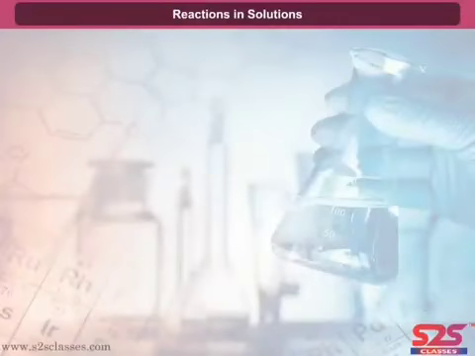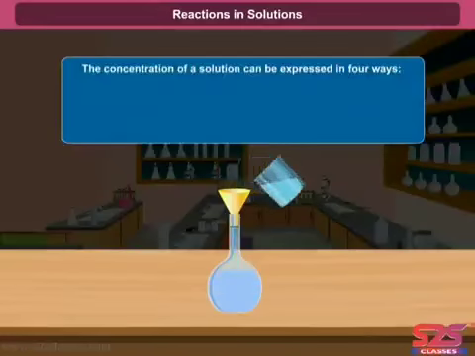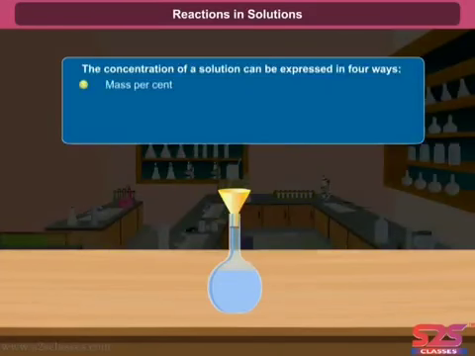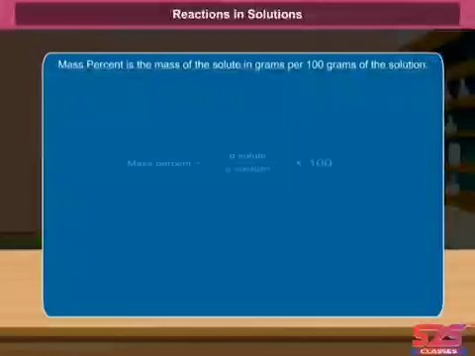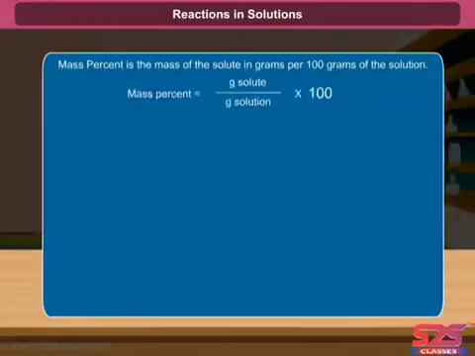Reactions in solutions. The concentration of a solution can be expressed in 4 ways. These are mass percent, mole fraction, molarity and molality. Let us discuss these one by one. Mass percent is the mass of the solute in grams per 100 grams of the solution.